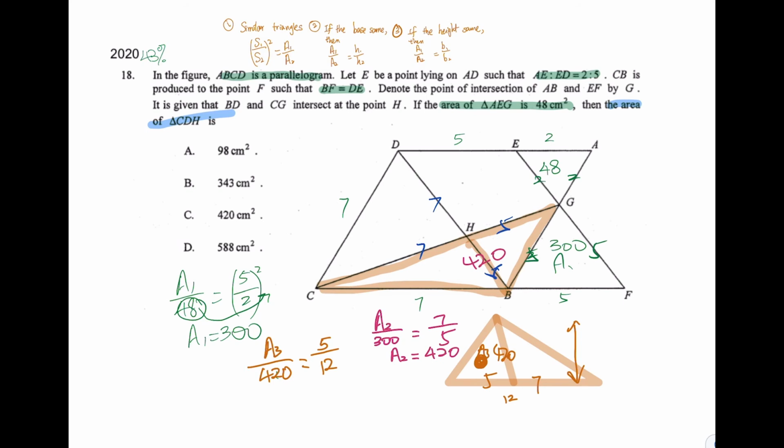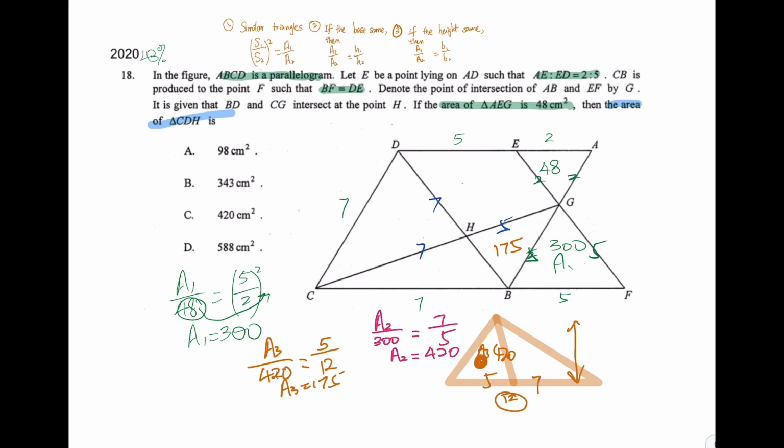So the whole big base is 12. So that's why we are using 12. And then afterwards, just click calculator. 5/12 times 420. You should be able to get 175. Okay? So in other words, that part is 175.